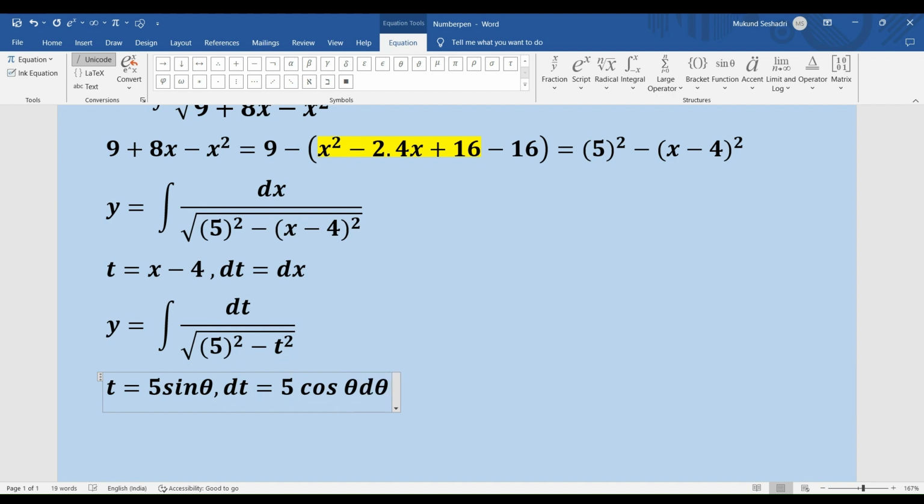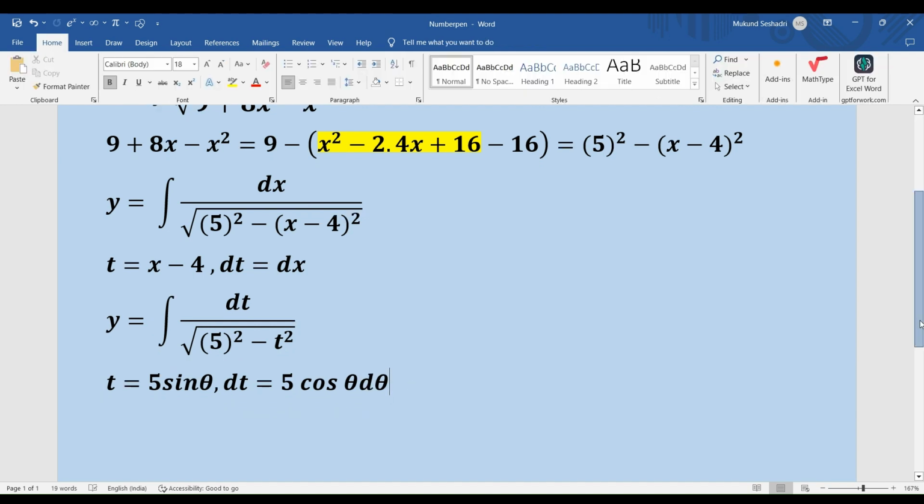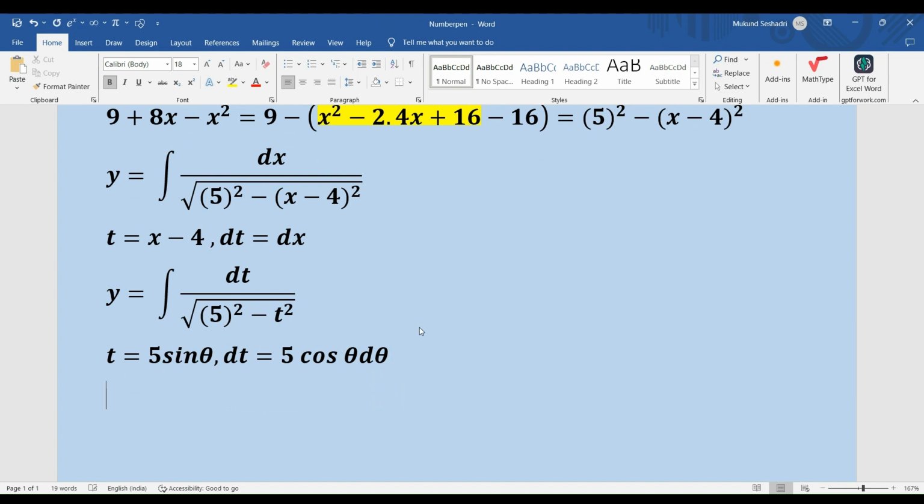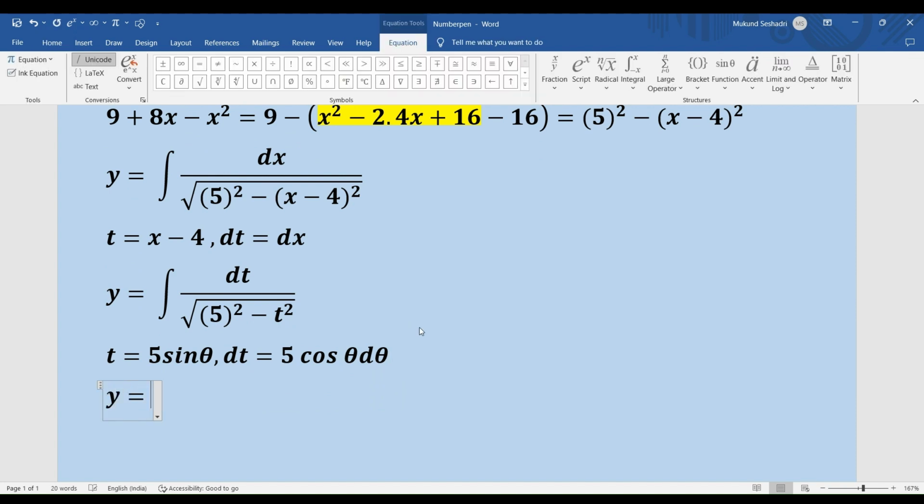So I have my t, I have my dt, I can go back to my y and put back everything in terms of theta this time, right? So what happens to my numerator? Numerator is nothing but a dt, which becomes a 5 cos theta d theta. And then my denominator becomes a root of 5 square minus 5 square sine square theta, right?